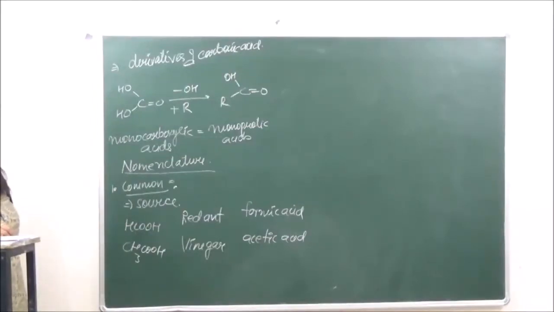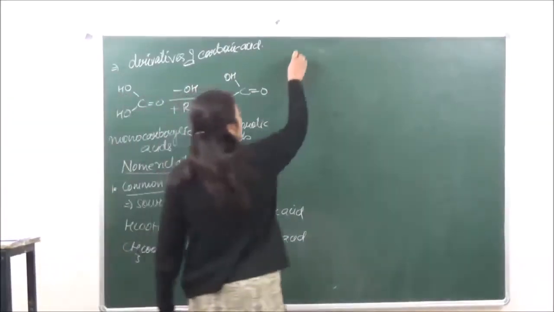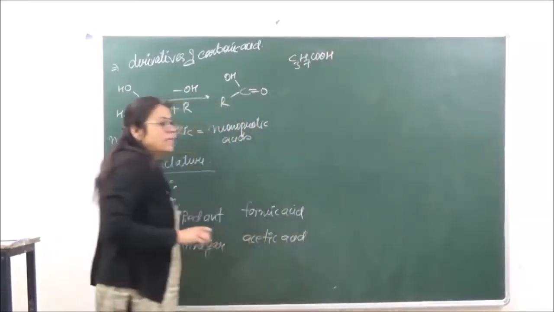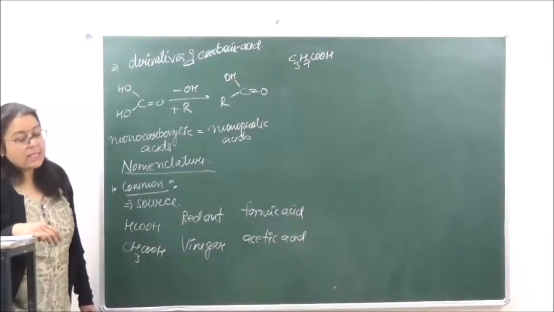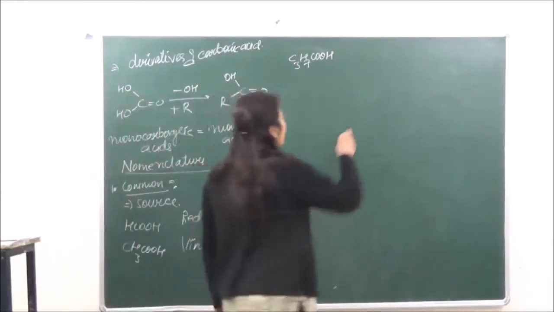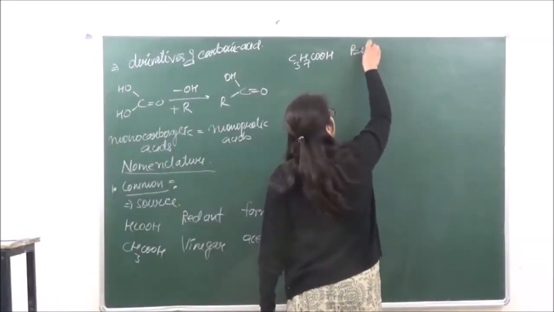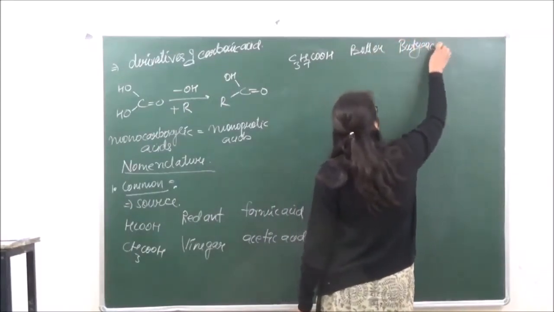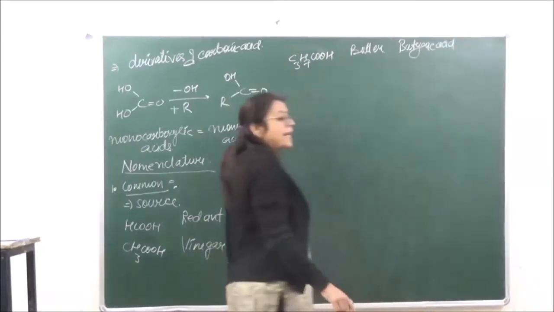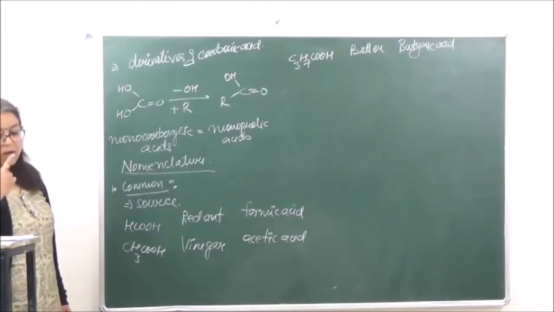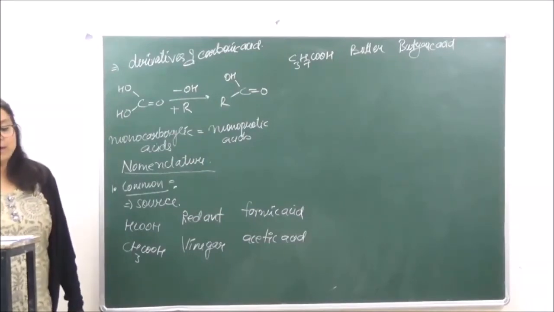Then we have C3H7COOH. This is obtained from butter, so that is how it has the name butyric acid. So these are certain common names depending upon the source from which we get the particular acid.